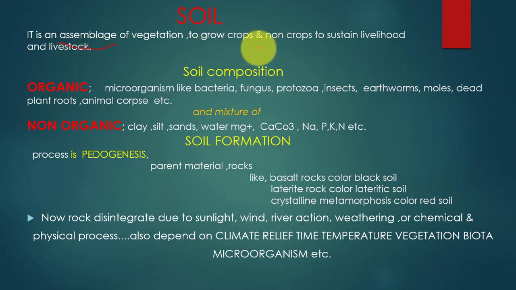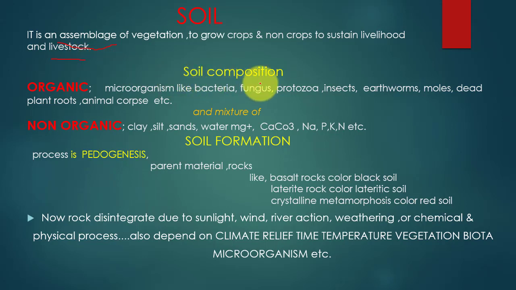It is an assemblage of vegetation where we can grow crops like rice, wheat, coffee, etc., and non-crops like biodiesel, cassava, and jatropha, to sustain our livelihood for economic purpose and for our subsistence. And livestock is all about cattle rearing.